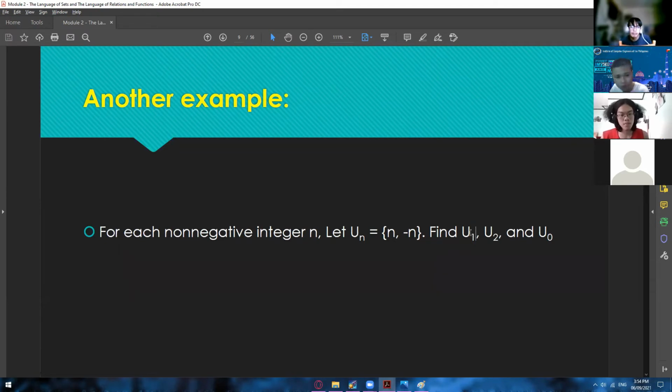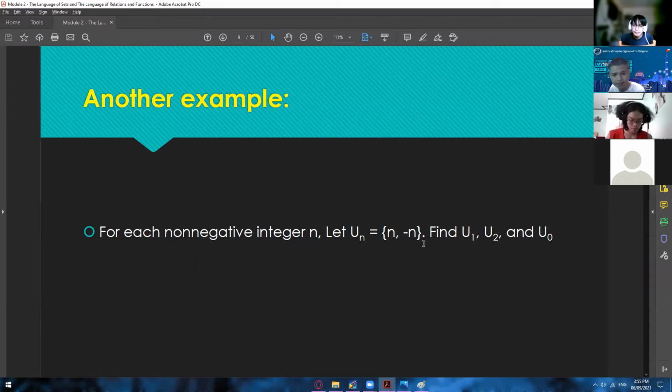How about u sub 2? It's 2 and negative 2. That's also correct. How many elements do we have in u sub 2? There were also 2. Very good. How about the last one, u sub 0?